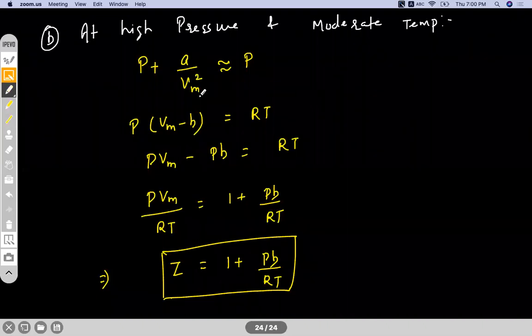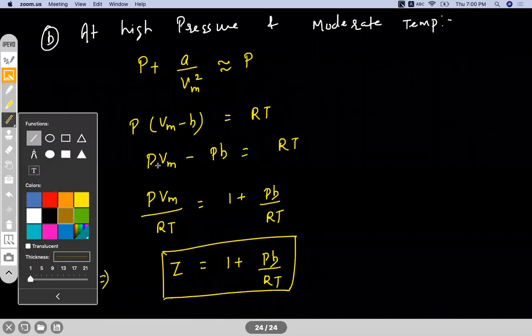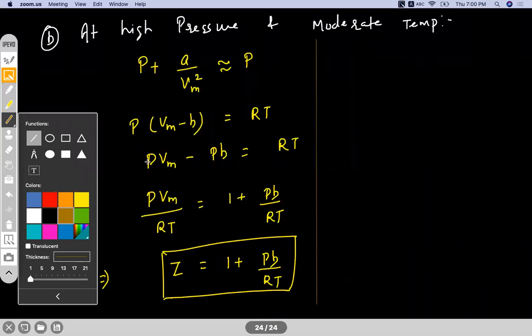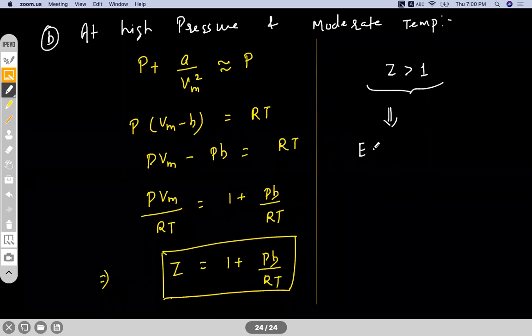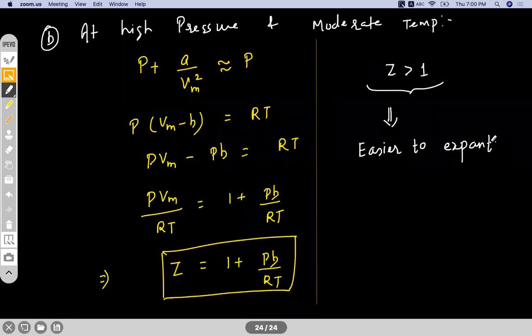Under this condition, the value of Z is greater than 1, and when it is greater than 1, it is difficult to compress but easier to expand. Repulsive force dominates the attractive force here. That also we can write.